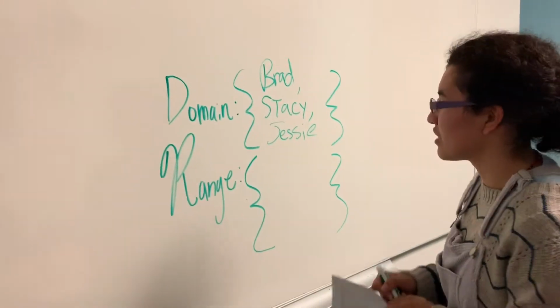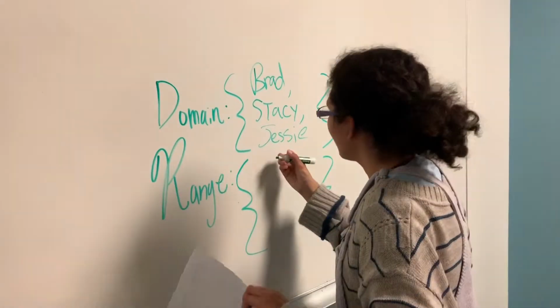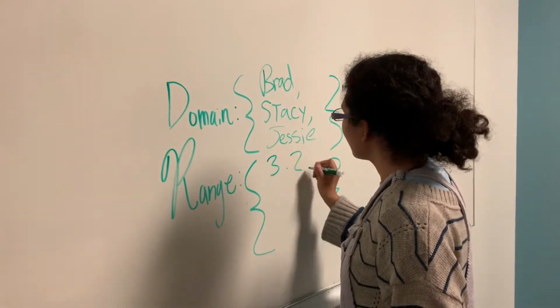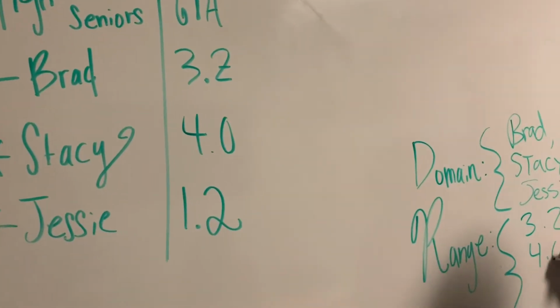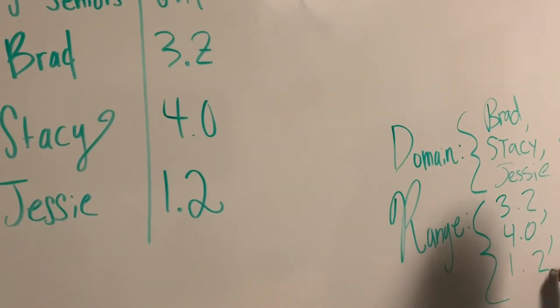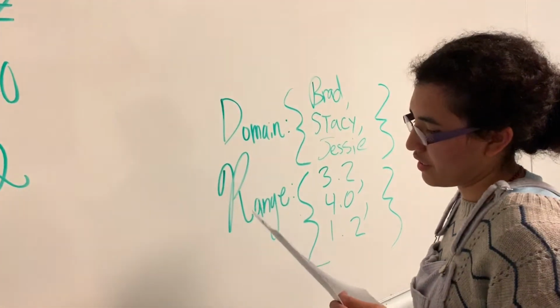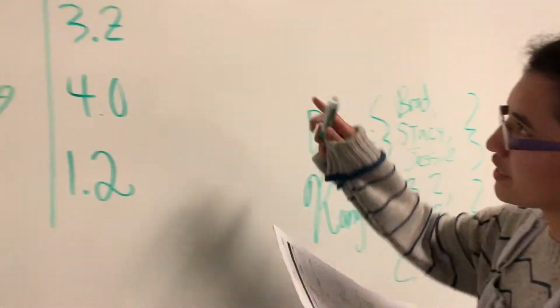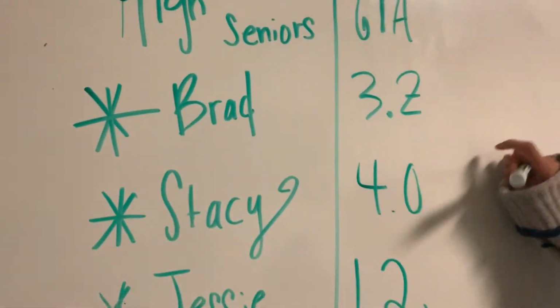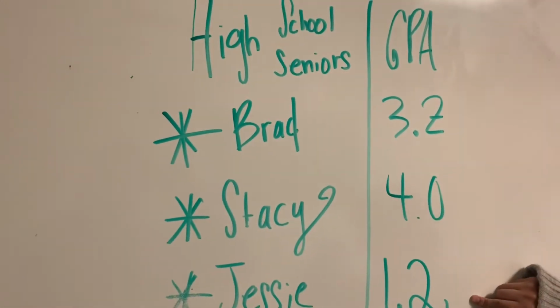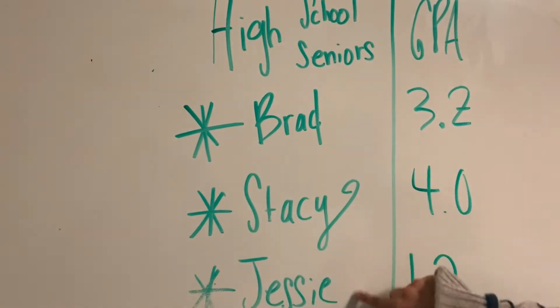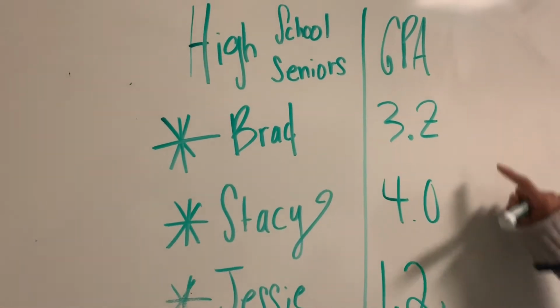And in this example, the range is the GPA, which includes 3.2, 4.0, and 1.2. And as you can tell for GPA, each of these corresponds to exactly one element from the second set.